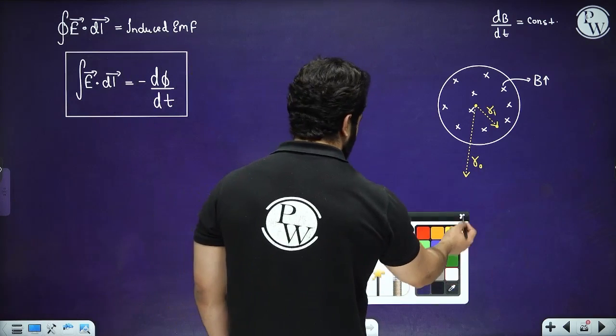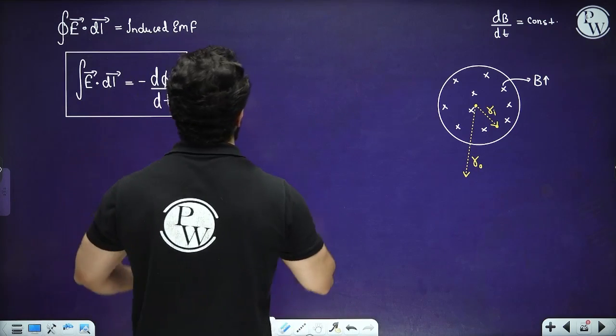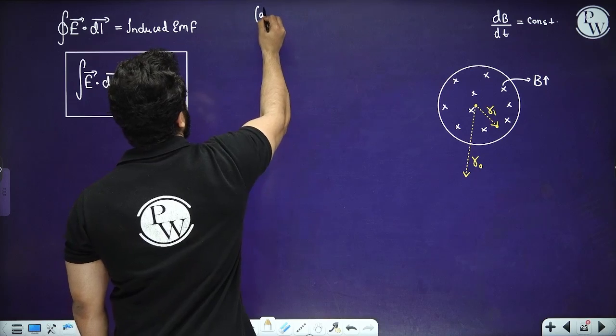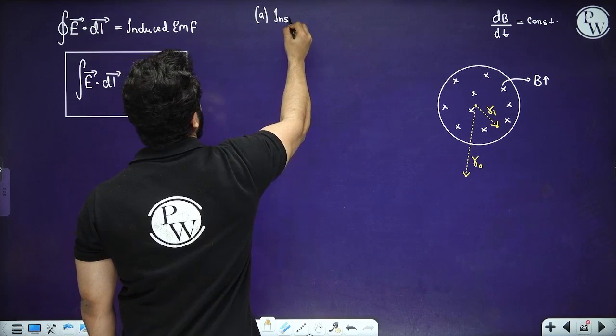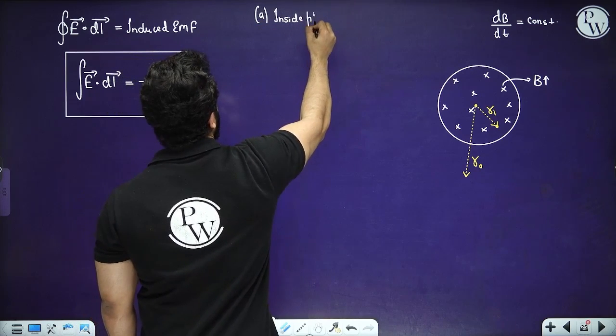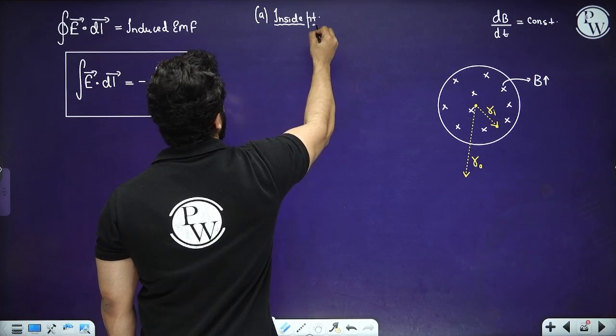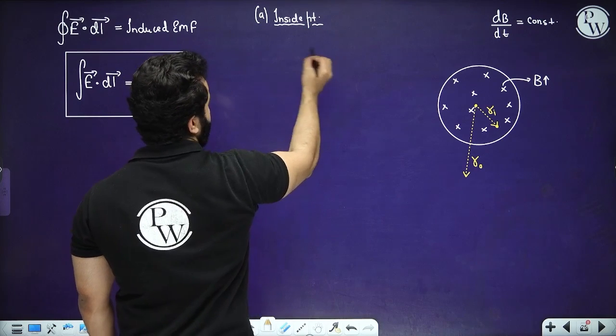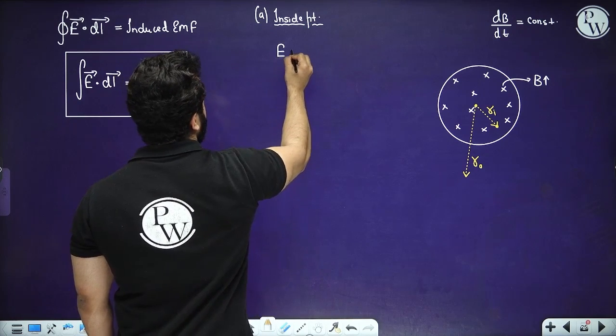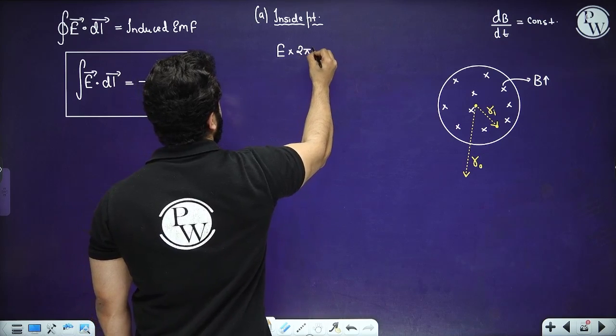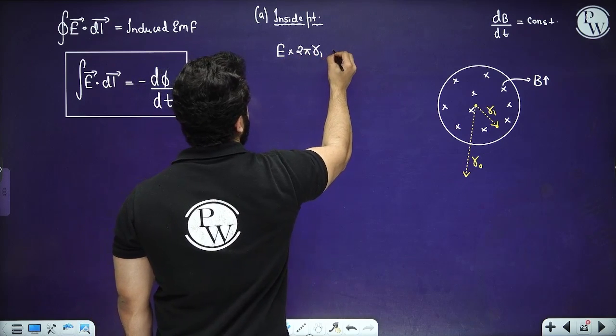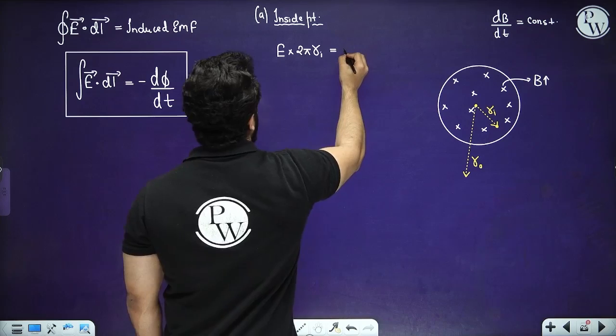So now we'll use the same thing. For an inside point, we would say that E dot dl, that means E times 2 pi R_I is equal to minus d phi by dt.